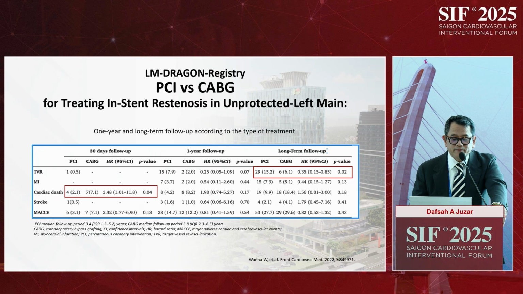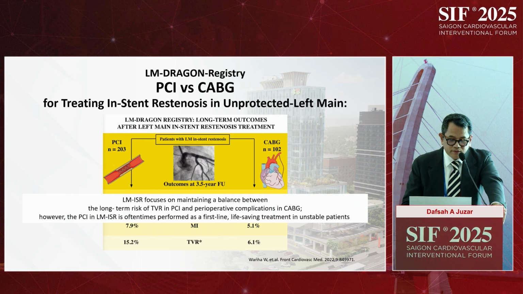But in the long term, target vessel revascularization is higher with PCI. So for that, I think for left main ISR we should focus on maintaining the balance between the long-term risk of target vessel revascularization and the perioperative complication of CABG.